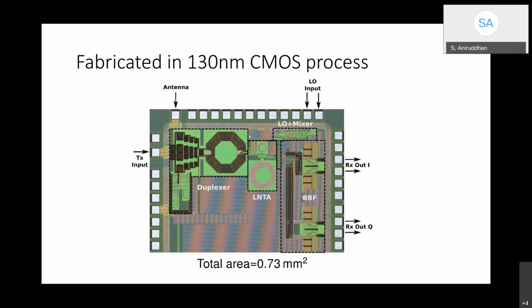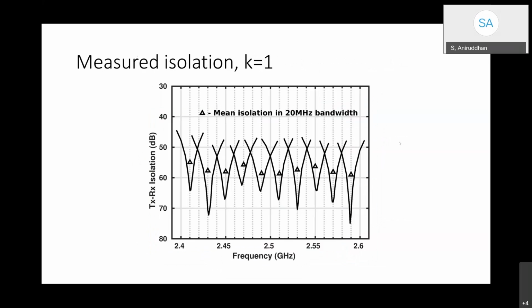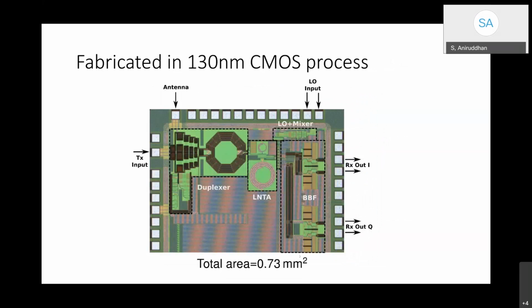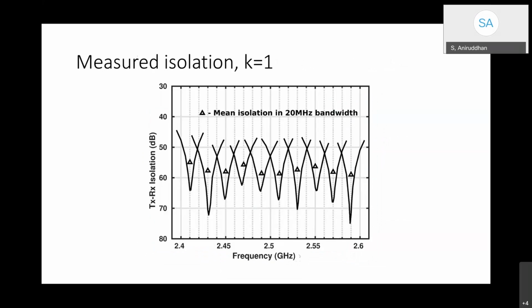This receiver was fabricated in a 130 nanometer CMOS process. As you can see, the duplexer is almost 70% of the area of the rest of the receiver. The total area is about 0.7 square millimeters. Now if you set K equal to 1, in other words, the ratio of capacitances is 1, this plot shows the Tx to Rx isolation as a function of frequency.